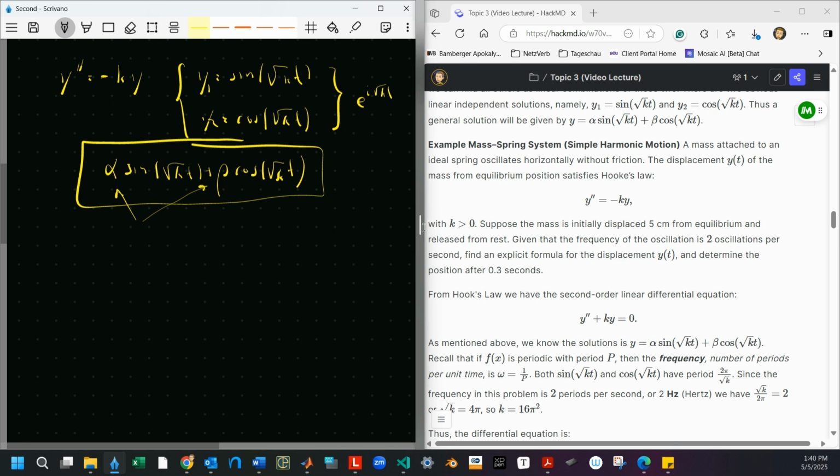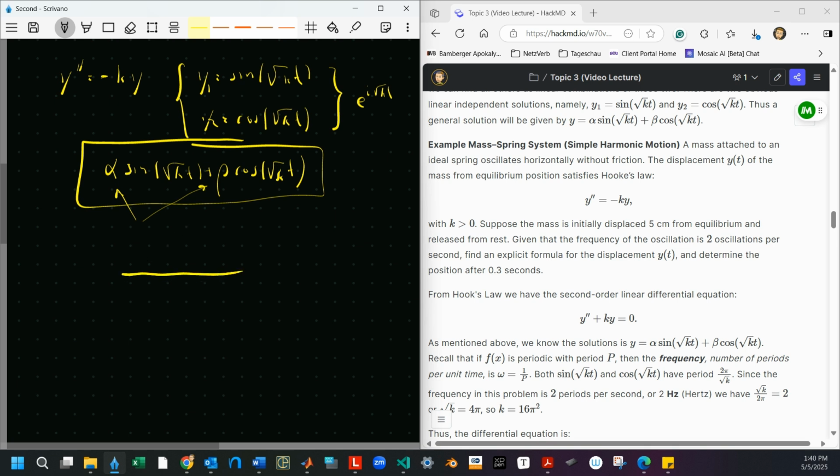These are our initial conditions: it's initially displaced 5 centimeters from equilibrium and released from rest, and the frequency is 2 oscillations per second. We want an explicit formula for y of t, and then we want to determine the position of the spring after 0.3 seconds.